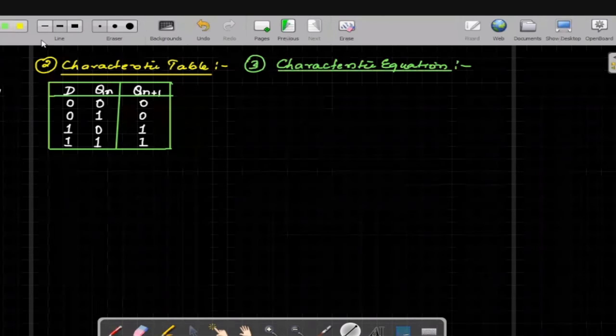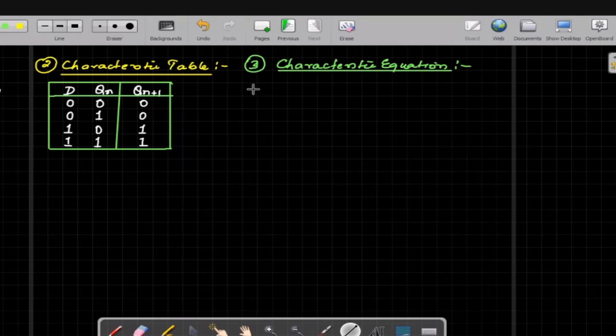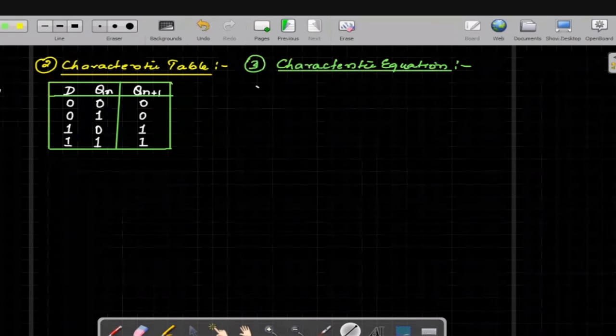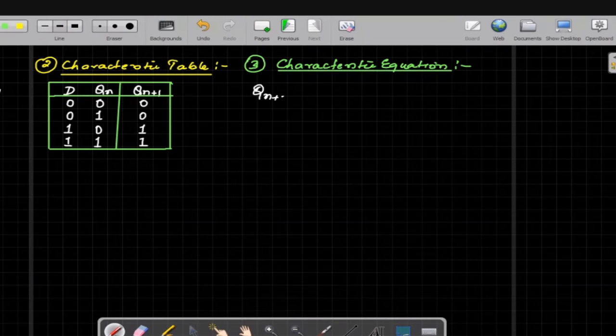Can you write it or not? So tell me, what will be the expression for Qn plus 1? This is my output and D and Qn are my inputs. So we have 2 ones here and here.